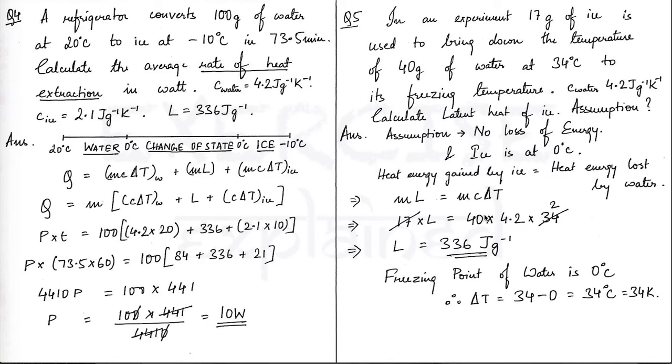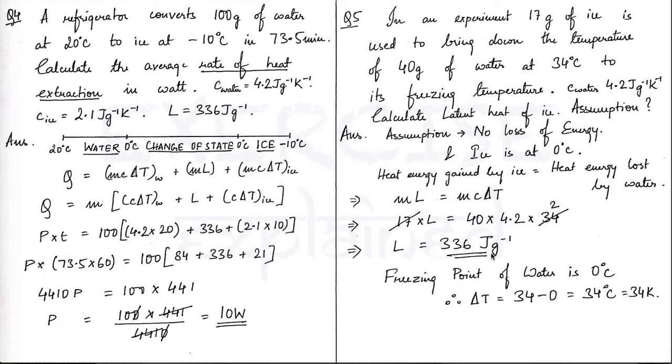I just cancel 17 and 34, 17 2s are 34. So we get 40 into 4.2 into 2. So 4.2 into 2 gives us 8.4. So 8.4 into 40 gives us 336 joules per gram.